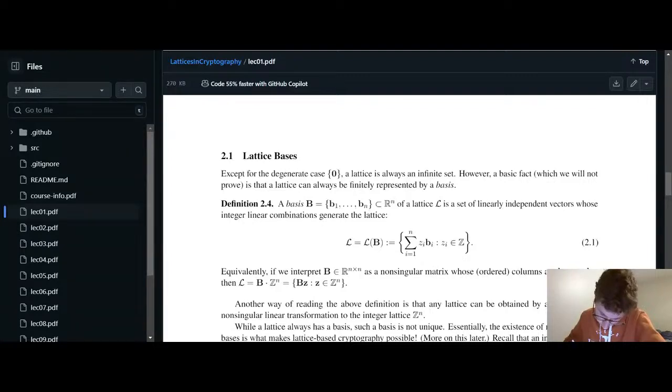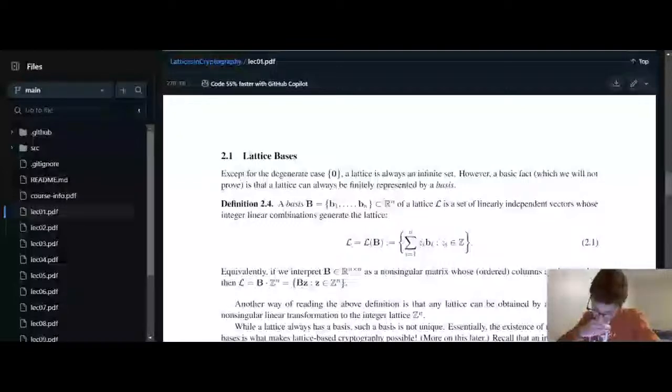So LB is Z1, 1, 1 plus Z2. Now, would this actually be a lattice, though?